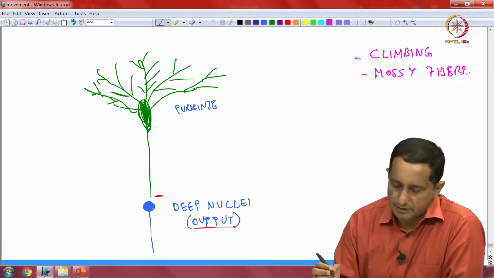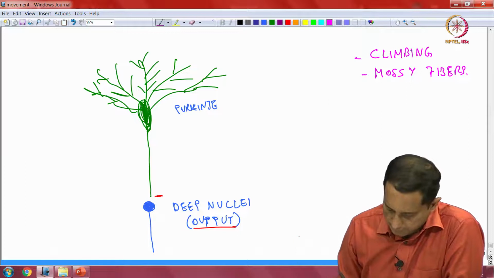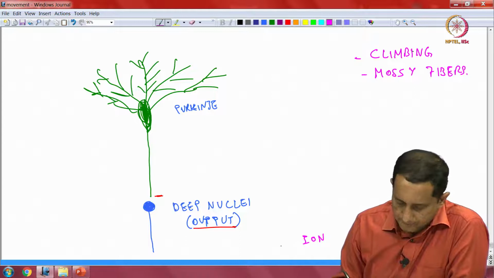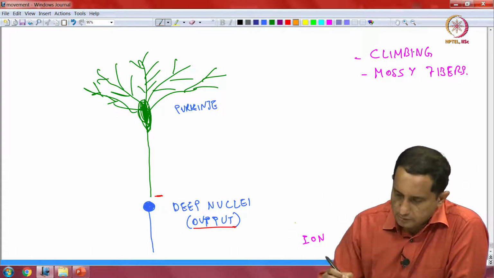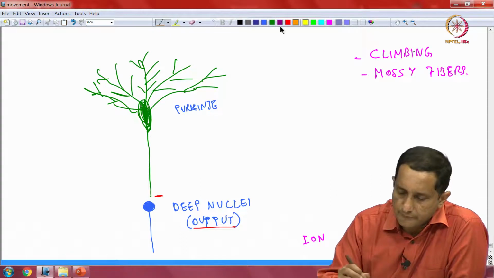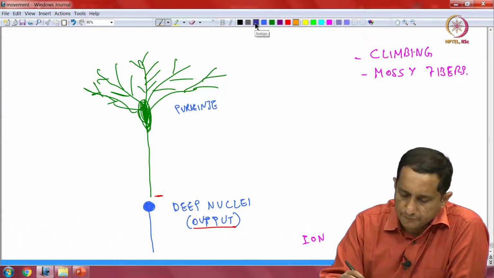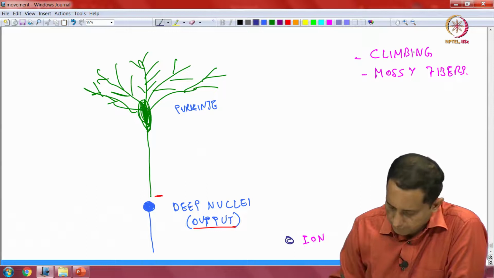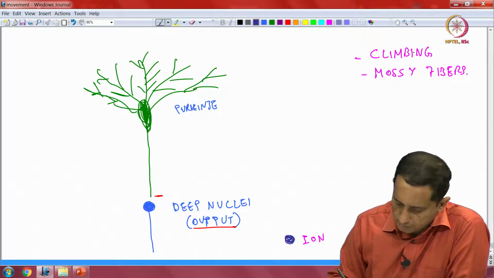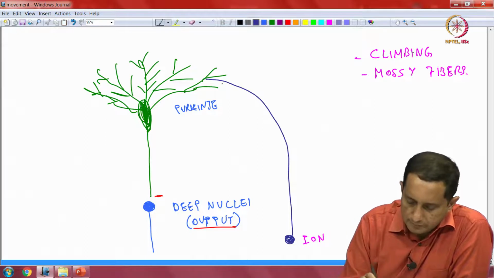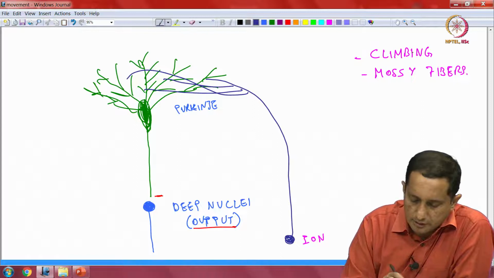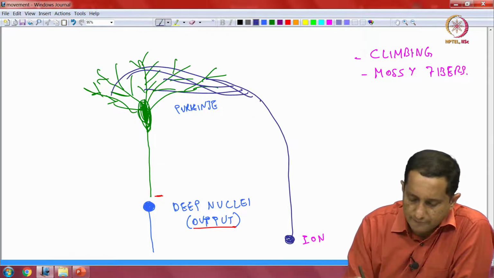Now, climbing fibers are interesting because they come from the inferior olivary nucleus. One single fiber would go and branch multiple times, synapsing on a single Purkinje cell.